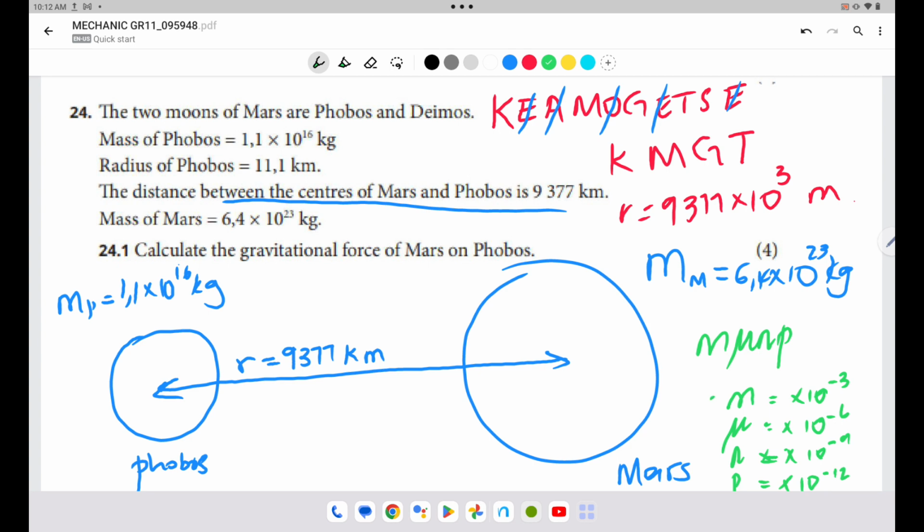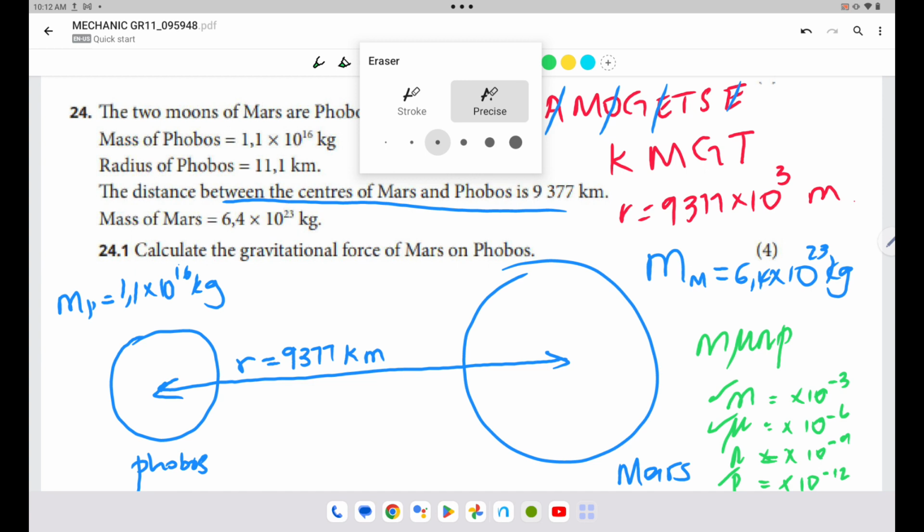Small m is for milli, this is for micro, this is for nano, this is for pico. These conversions are normally used in electrostatics, mostly, but maybe they might appear in mechanics. I don't know. So that is how you do your conversions.